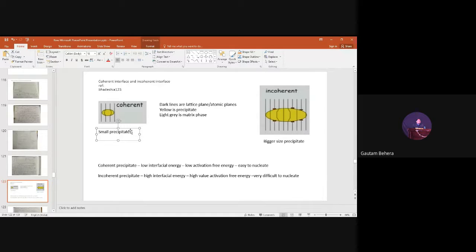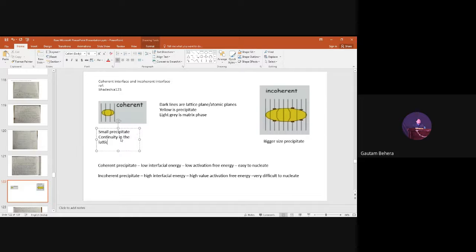Matching means what exactly? What is the difference between these lines and the lines here? Carefully look at the lines. Sir, in the coherent, there are all complete lines, but in incoherent, there are some line breaks. Yes, very good. So continuity, continuity in the lattice plane.